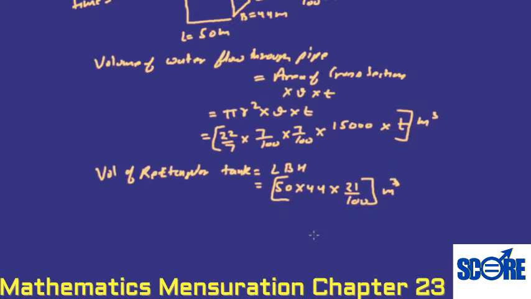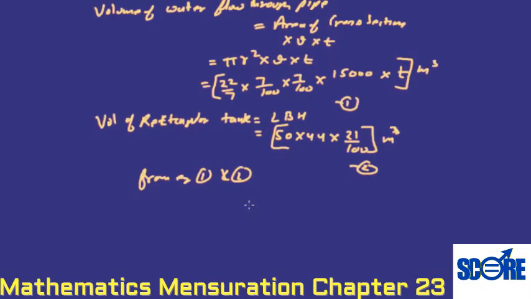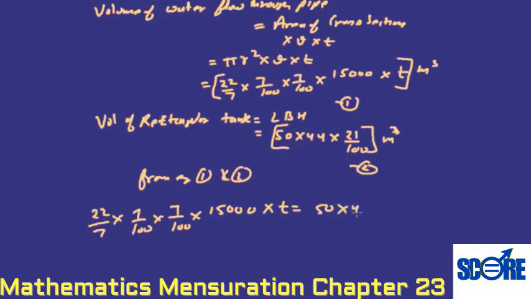Now we are equating these two equations. This is our first equation and this is our second equation. From equation 1 and 2 we can say that 22 by 7, 7 by 100, 7 by 100, 15,000, into T is equal to 50 into 44 into 21 by 100.